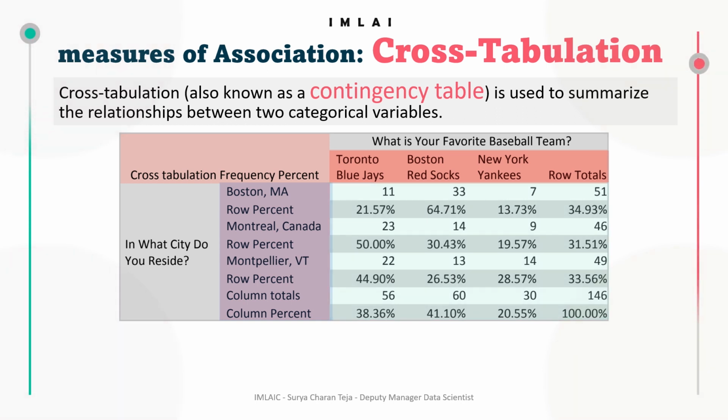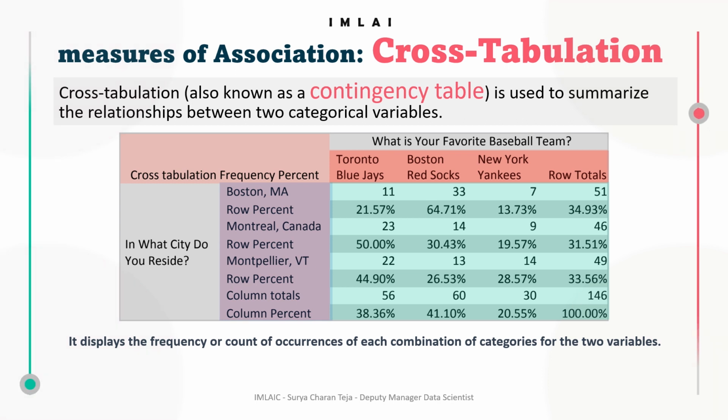So with this, we can say that our cross tabulation displays the frequency or count of occurrences of each combination of categories for the two variables. Again, I'm repeating, it displays the frequency or count of occurrences of each combination of categories for two variables.